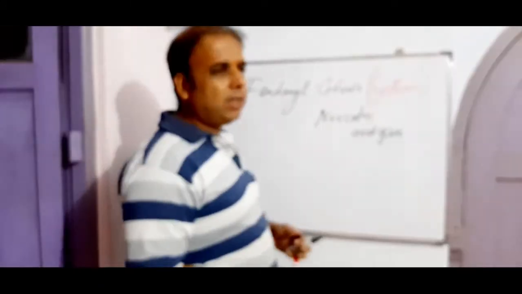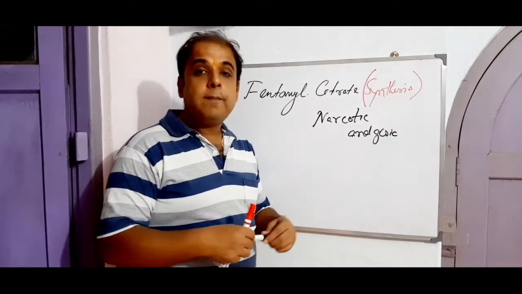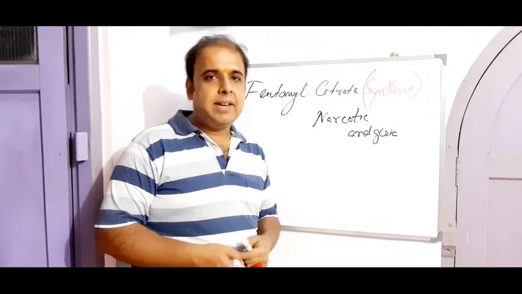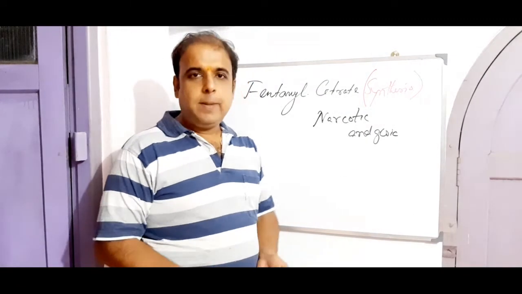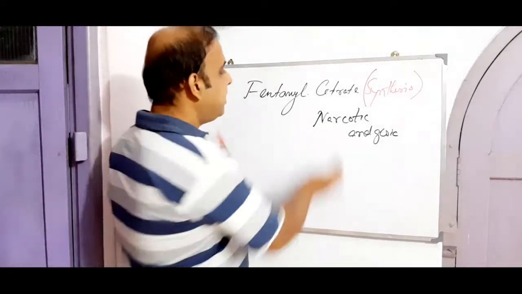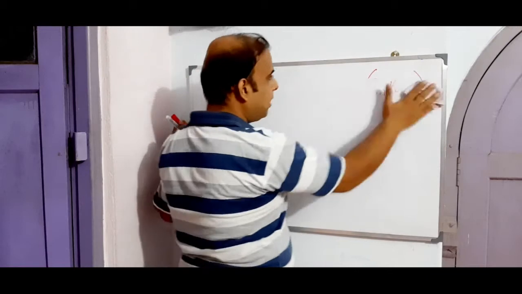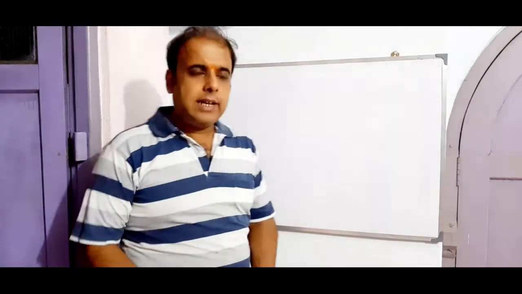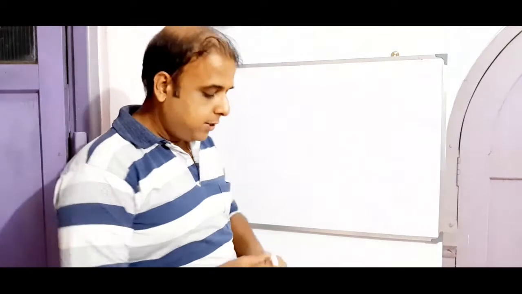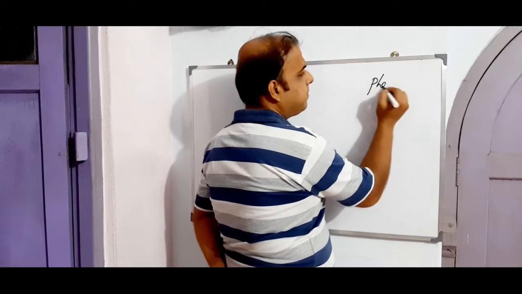We all know the basic protocol: first let us deal with the structure, then we'll move to the IUPAC name, and later we'll see the different components associated in making fentanyl citrate. Chalo. Now let's move on to fentanyl citrate, the structure and all. Only one thing can be extracted from the name: fen for phenyl. So we have one clue, that is phenyl.